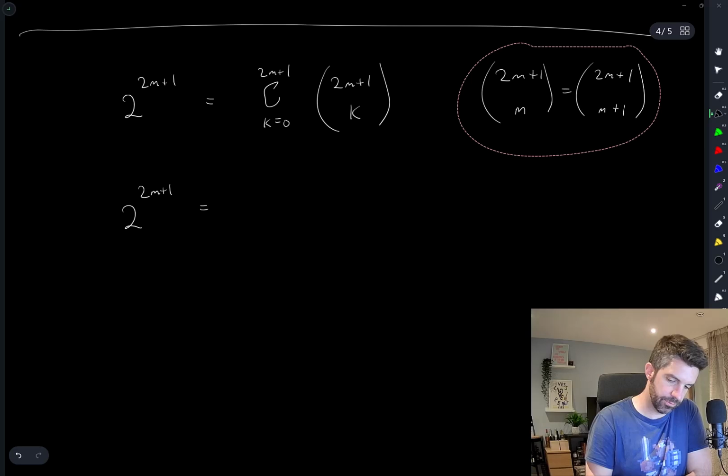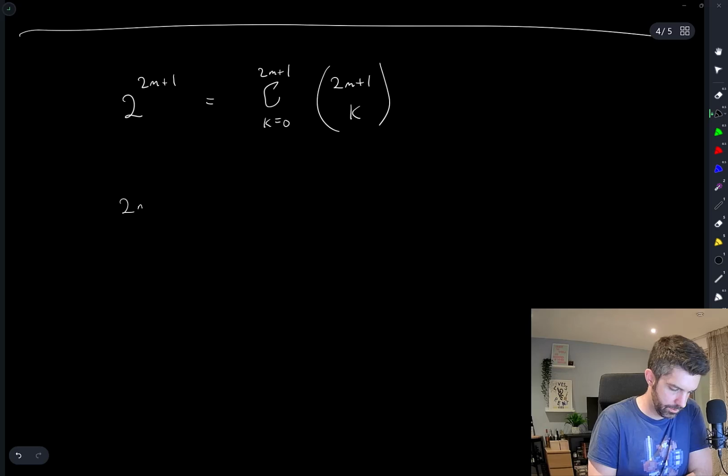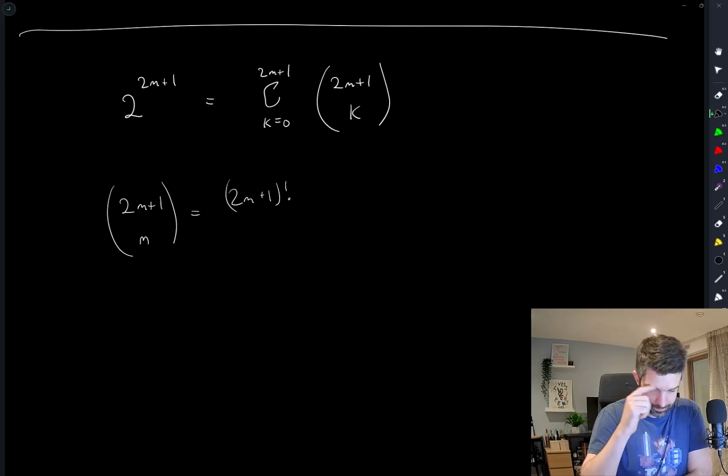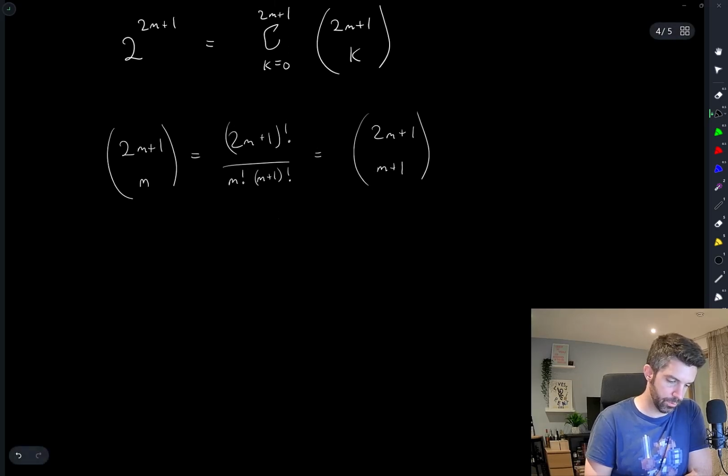Right, let me just derive that. So 2m plus 1 choose m is 2m plus 1 factorial divided by m factorial times m plus 1 factorial, which is the same as 2m plus 1 choose m plus 1.